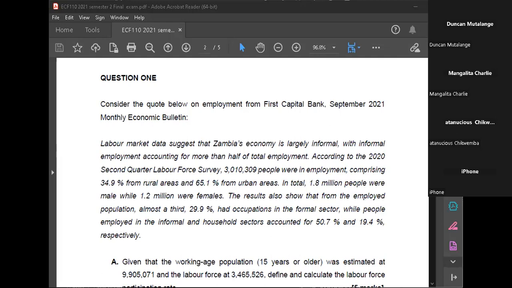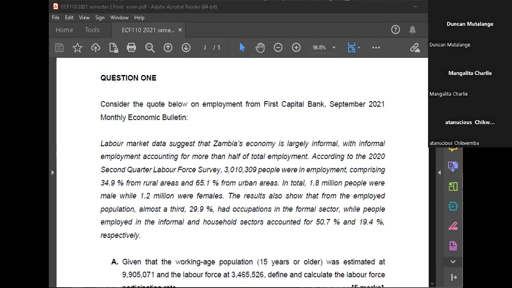It says, according to the 2020 second quarter labor force survey, there were 3 million people in employment, comprising 34% from rural areas and 65.1% from urban areas. In total, 1.8 million were male, while 1.2 were female. So you know that information has nothing to do with you, isn't it?